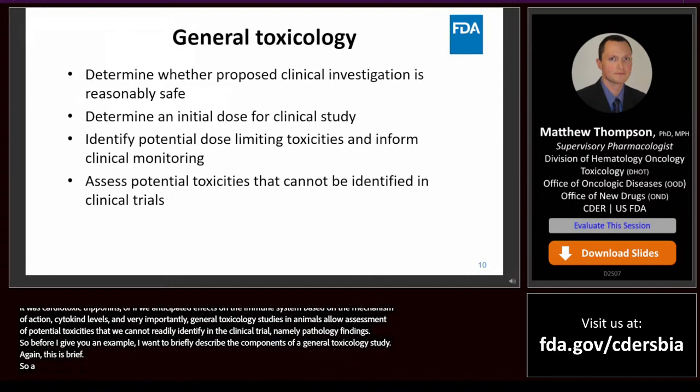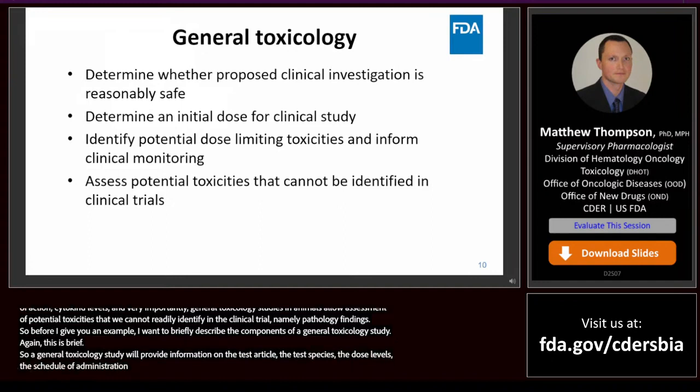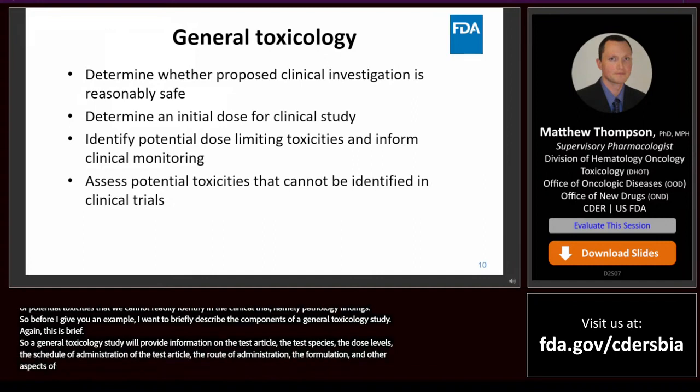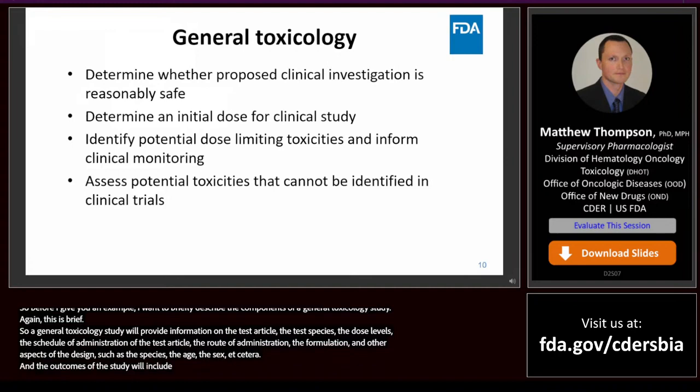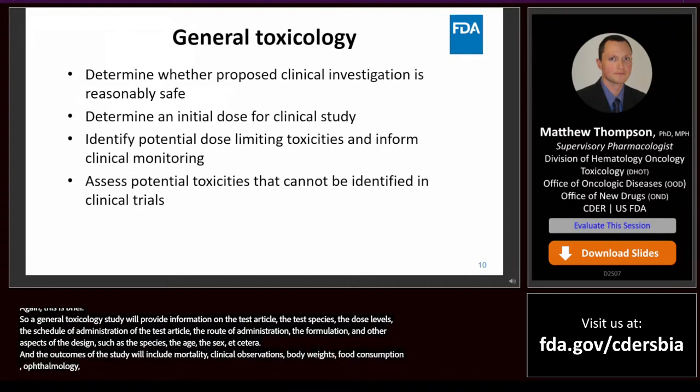So a general toxicology study will provide information on the test article, the test species, the dose levels, the schedule of administration of the test article, the route of administration, the formulation, and other aspects of the design, such as the species, the age, the sex, etc. And the outcomes of the study will include mortality, clinical observations, body weights, food consumption, ophthalmology, ECG findings, clinical pathology, which includes hematology, clinical chemistry, and urinalysis. There's also gross pathology, organ weight data, and histopathology.